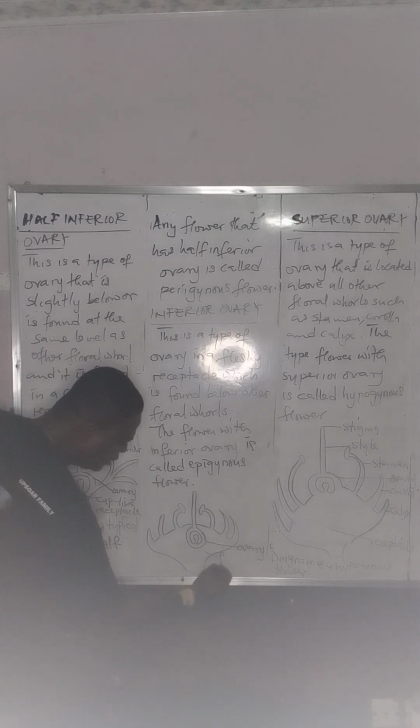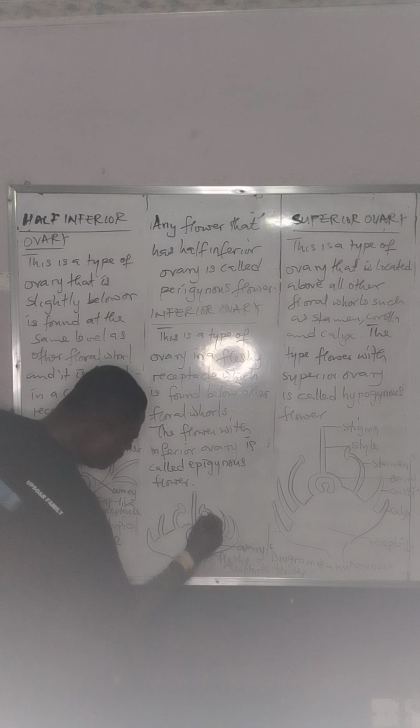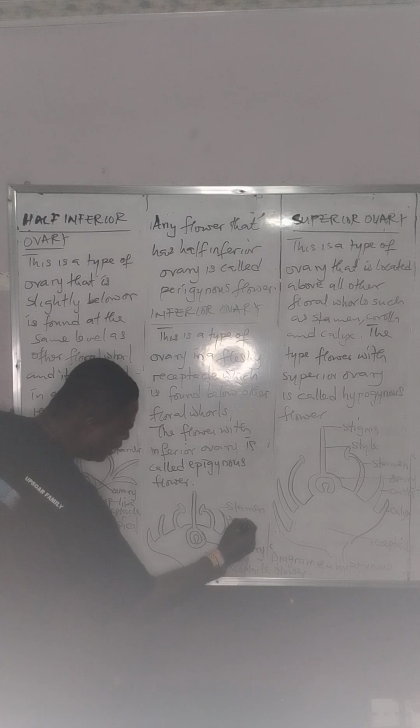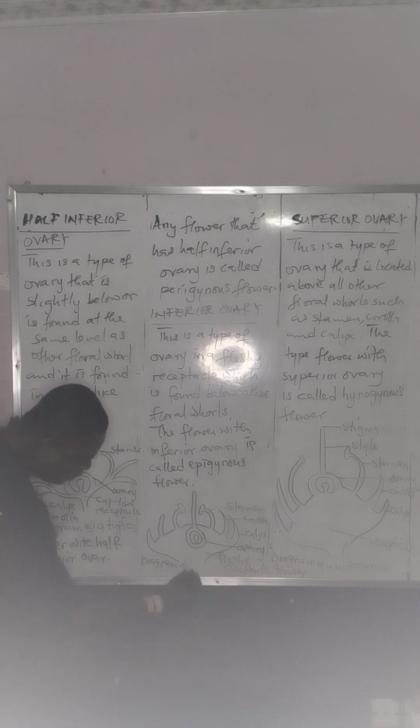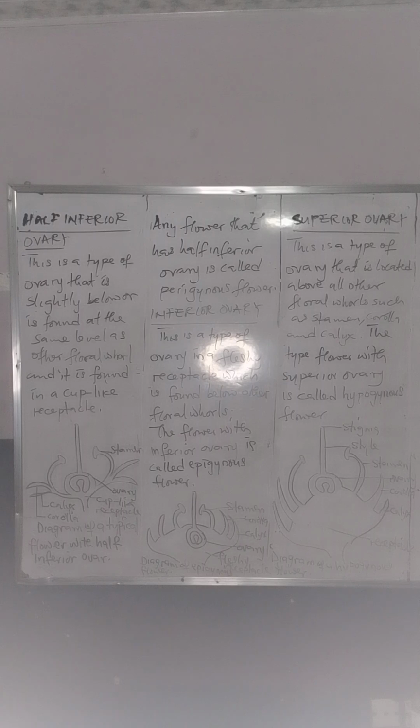While this one is what? Fleshy receptacle. This is stamen. This is corolla. While this is calyx. So what you have here is the diagram of an epigynous flower. So an epigynous flower is a flower that has the type of ovary which is inferior ovary.